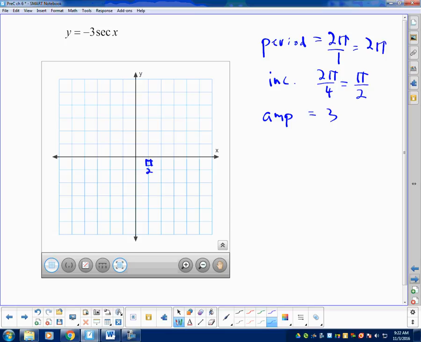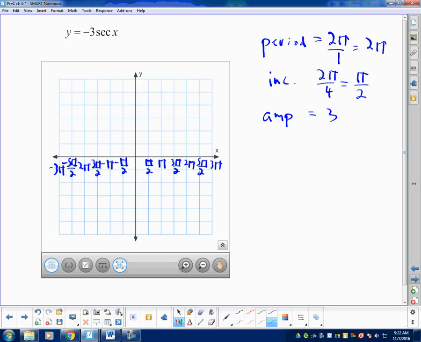So pi over 2, pi, 3 pi over 2, 2 pi, and then 5 pi over 2, 3 pi. And then going this direction, it's negative pi over 2, negative pi, negative 3 pi over 2, negative 2 pi, negative 5 pi over 2, negative 3 pi.